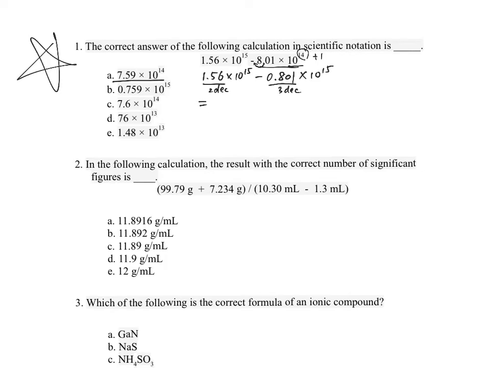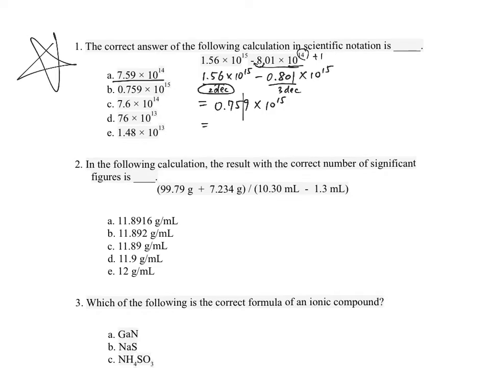So although your calculator, after you punch this in, tells you 0.759 times 10 to the 15th, you've got to know that you should only have 2 decimal places. Whichever component of your addition or subtraction has the least number of decimal places will determine the number of decimal places in your final result.